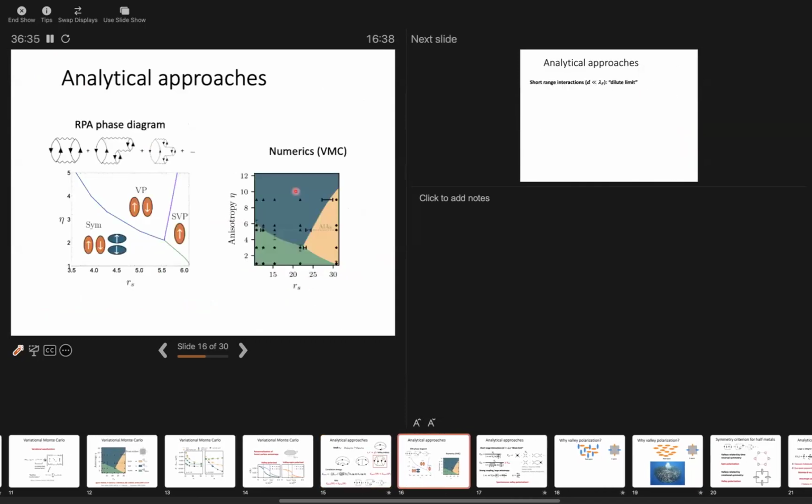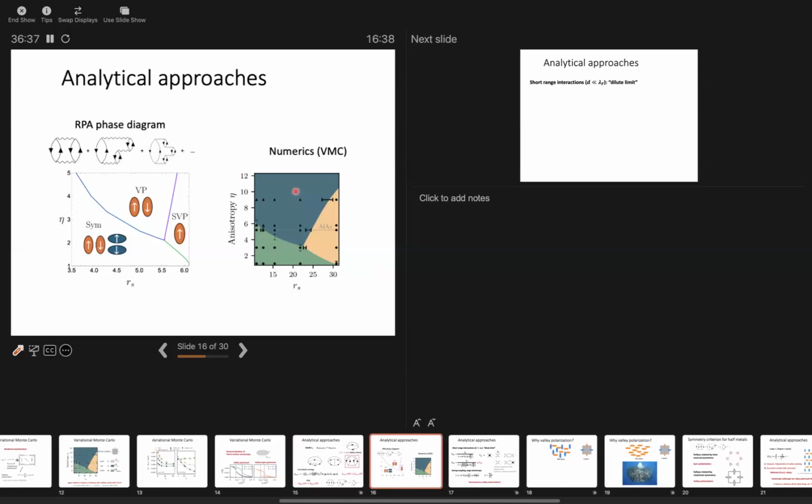So this is extrapolating the same result to finite values of rs. The result was justified, strictly speaking, only at small rs, where the ground state is neither spin nor valley polarized. We can extrapolate the results to finite rs, just calculating the energies within RPA of the different phases, and this is the result that we get.